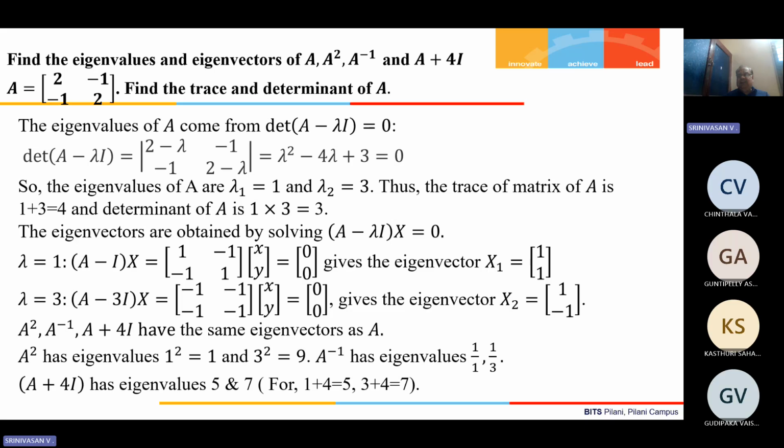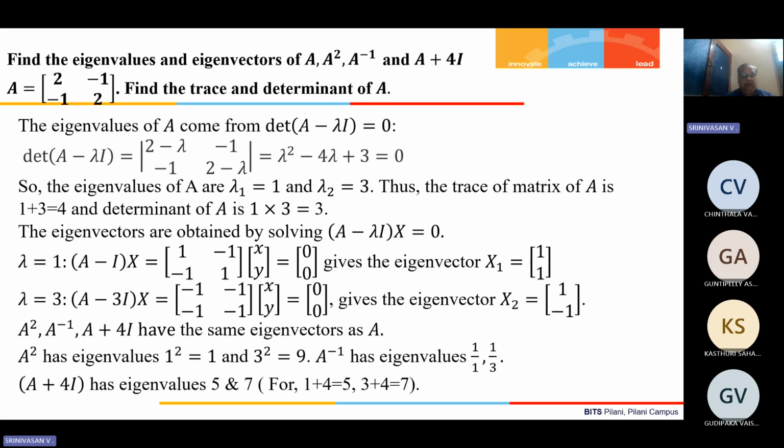Here you are given matrix A, so you have found the eigenvalues. Without finding the eigenvalues, you may be asked to find the trace and determinant. Whenever you are given the trace, you can find the sum, but not exactly the eigenvalues.